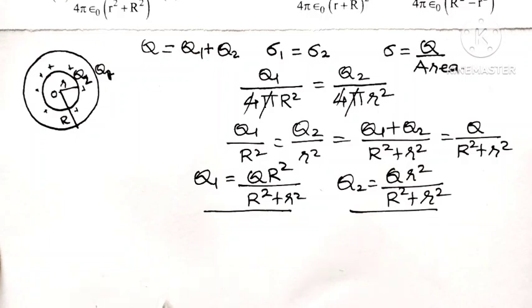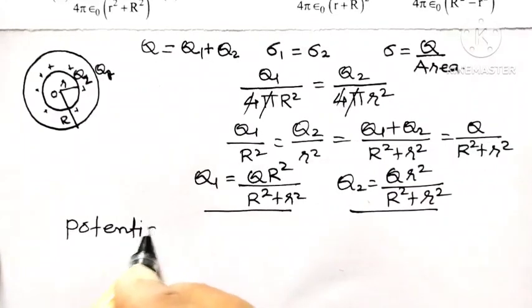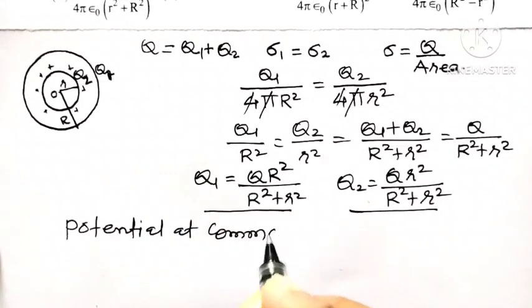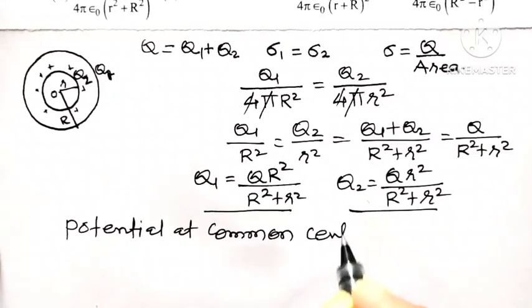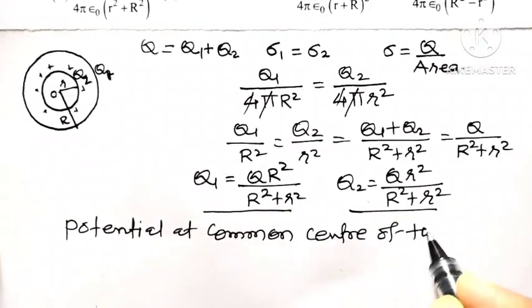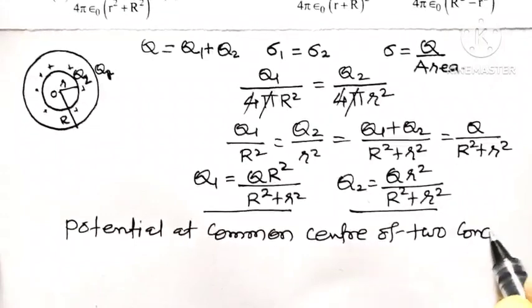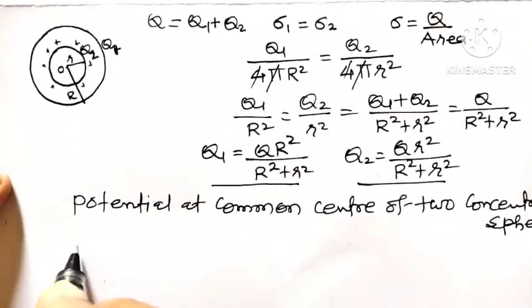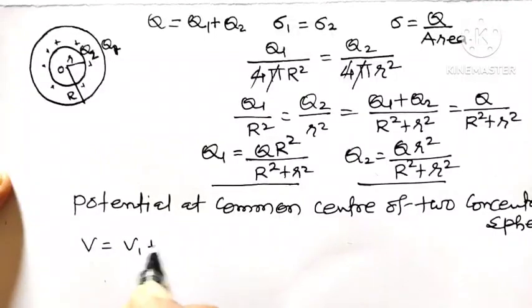Now we want to find the potential at the common center of the two concentric spheres. The potential at the common center is V equal to V1 plus V2.